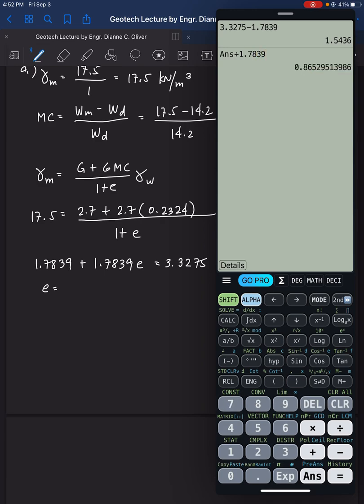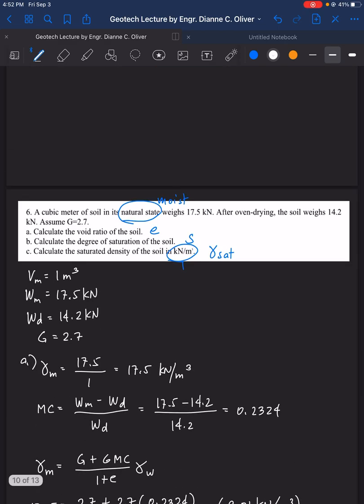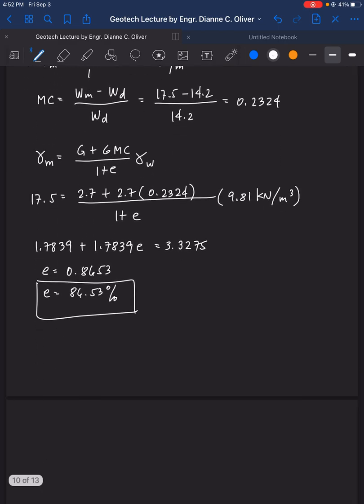So the answer here for E, void ratio, is 0.8653. And that is E is equal to 86.53%. Okay.